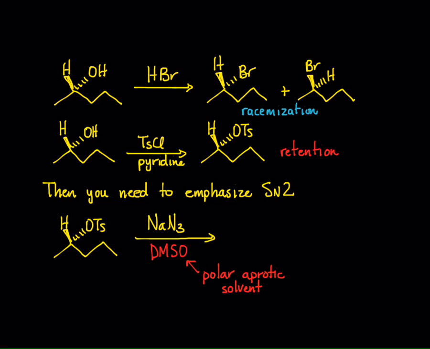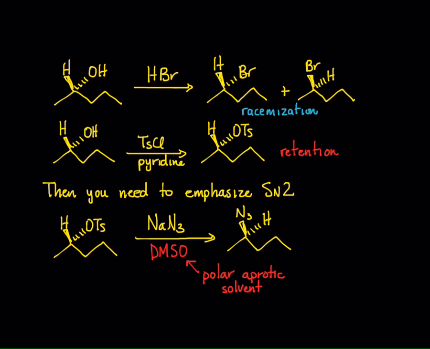Could I have used water or ethanol or methanol? No, because that would promote the SN1 mechanism. And therefore we see where the solvent comes into play in reactions. Now if I use DMSO, I'm going to promote SN2 substitution. The azide is going to come in from the opposite side of the tosylate, and I get my R-2-azidopentane.